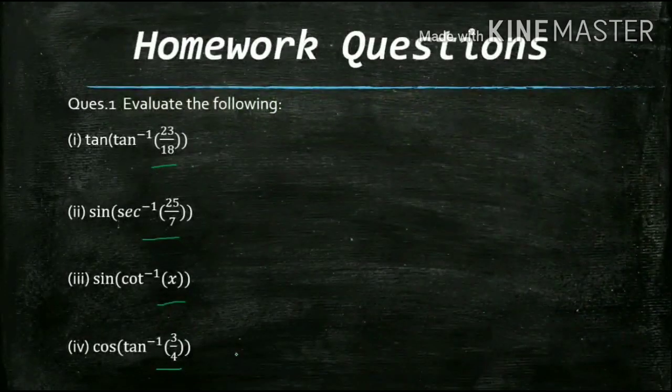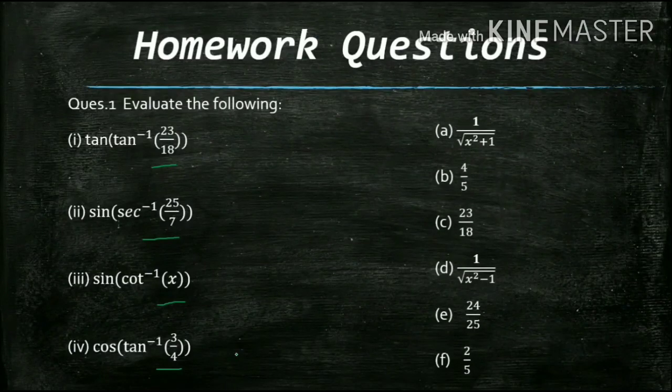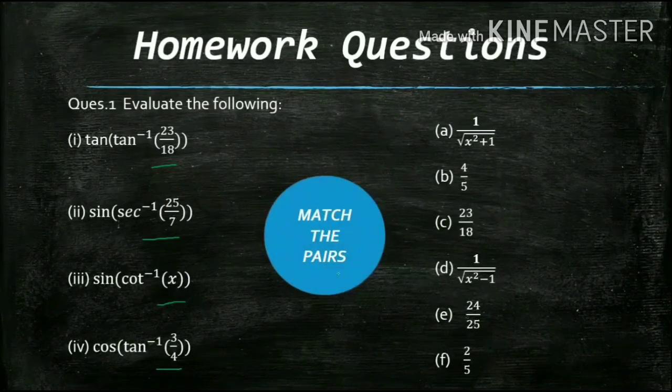This time only 4 questions and 6 options or 6 answers are given to you. You need to match the pairs again. Please do them carefully. After doing them, please verify whether they are correct or not, because 6 options are given and only 4 are correct, 2 are wrong. So please try them very carefully.